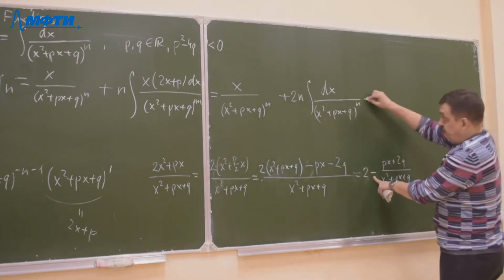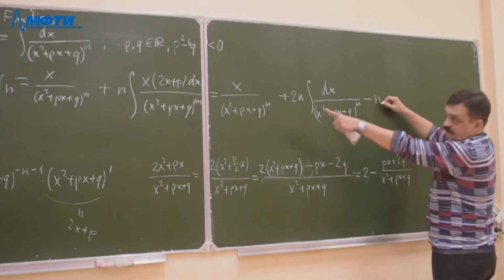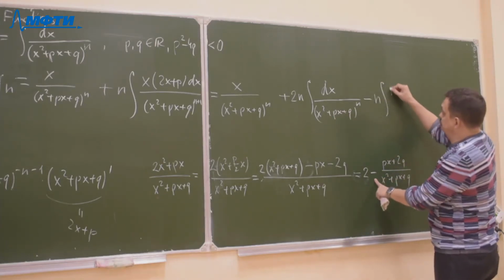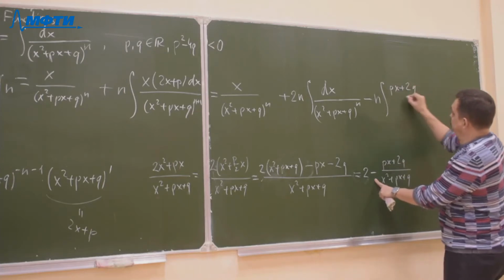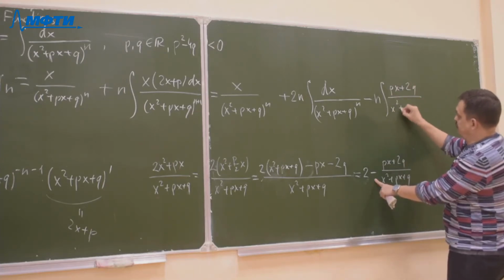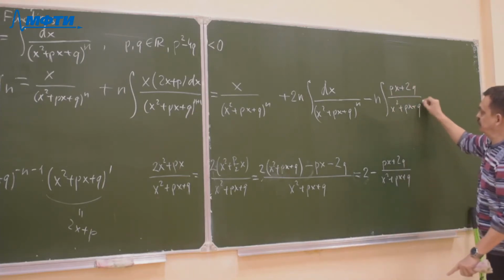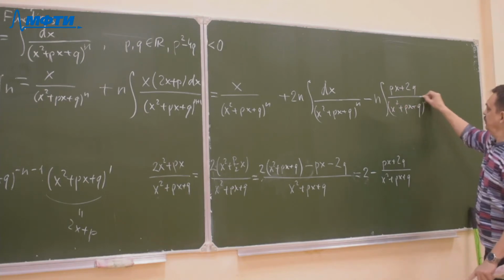The second term, minus n, remains: the integral of (px plus 2q) over (x squared plus px plus q) to the power n plus 1, as we had.